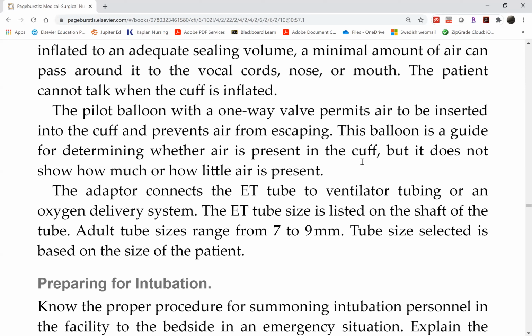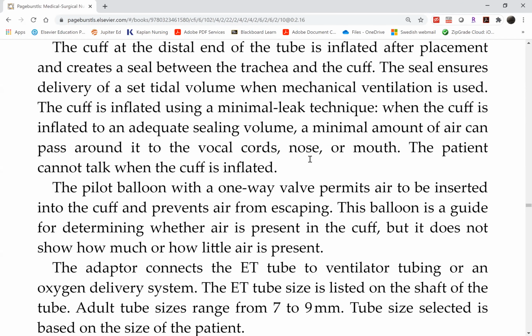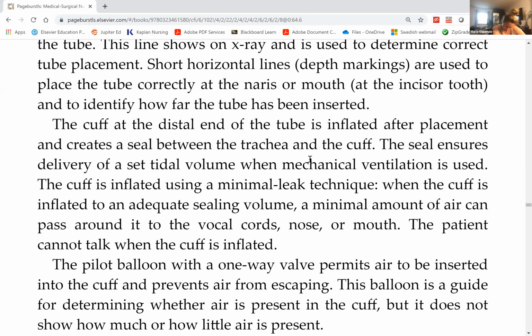But the x-ray will take several minutes before we can get the results. Therefore, we need to know that we are in the right tube, because we may have intubated the patient in the esophagus. So we need to know, are we in the airway now?